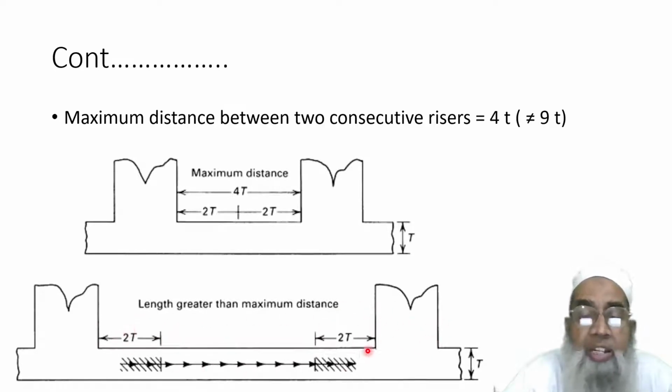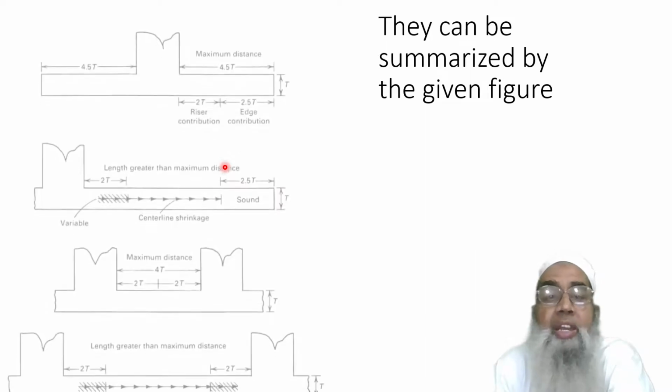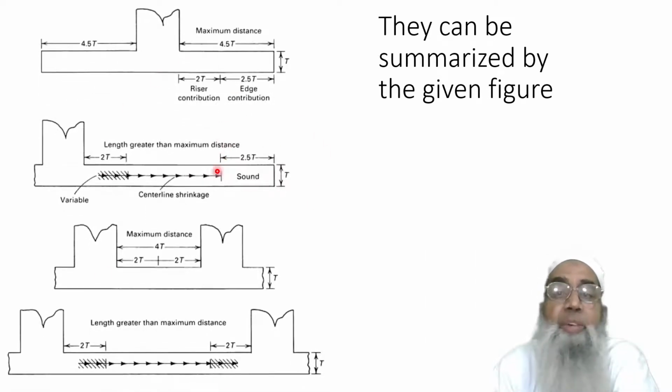Above this total distance, these risers won't be able to compensate the shrinkage, and the center line shrinkage will take place. Therefore, the maximum distance over which two consecutive risers can efficiently work is 4T. These values can be summarized by the given figure.